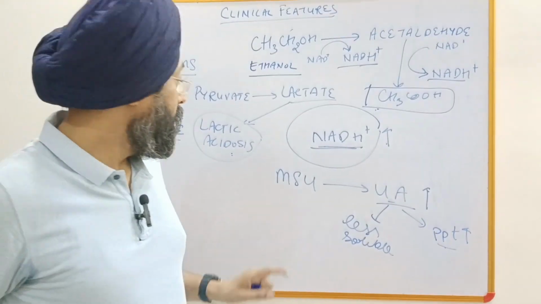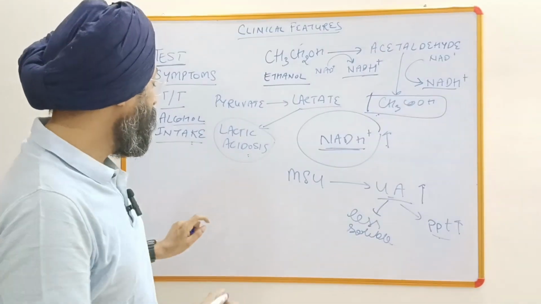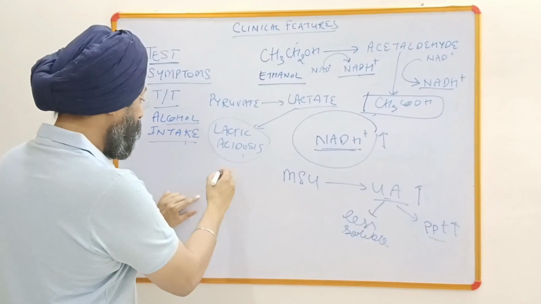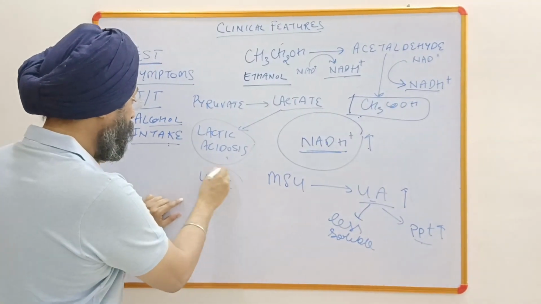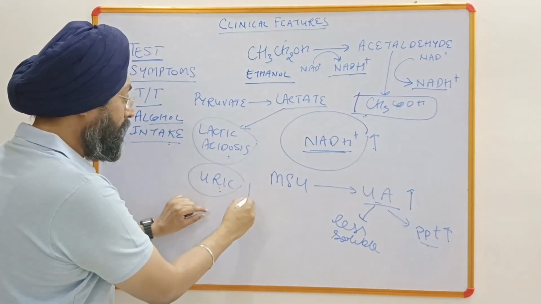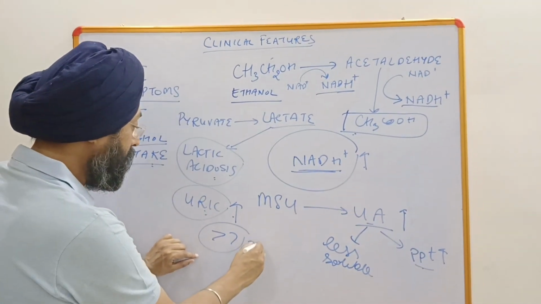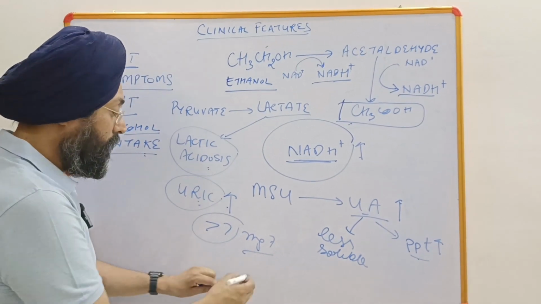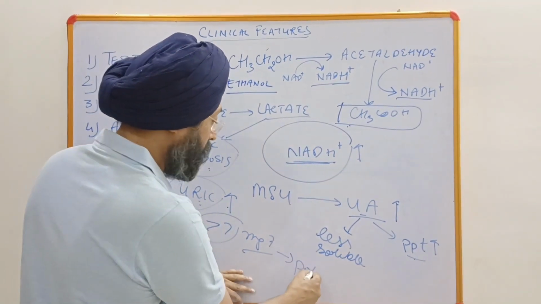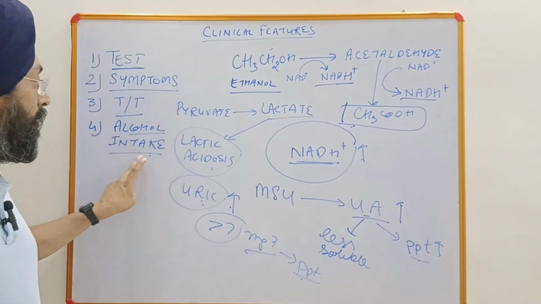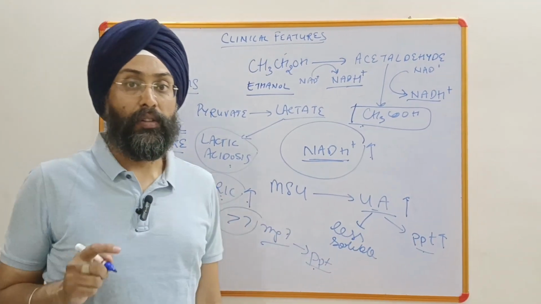So this lactic acidosis will interfere with excretion of uric acid, right? So uric acid will accumulate and whenever the level goes greater than 7 milligram percent, it will precipitate the symptoms of gout. That's why alcohol intake precipitates the attack of gout, right?